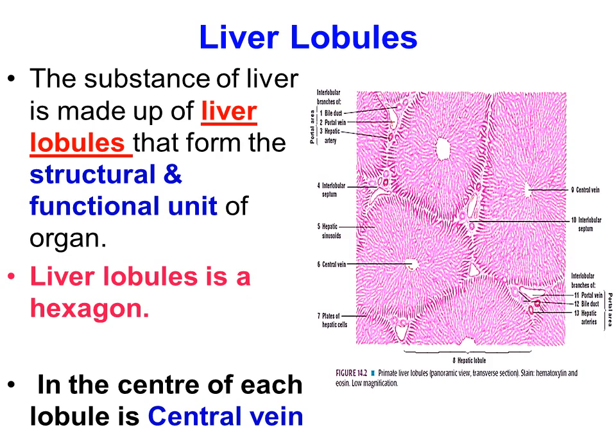Each portal triad forms a partial boundary for more than one lobule. That means they are in continuity, they are at the junction of the corresponding lobules. Also, the central vein lies in the center of each lobule.